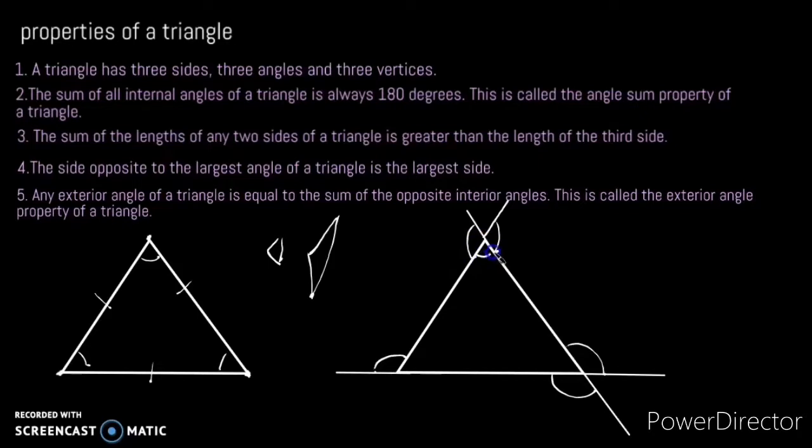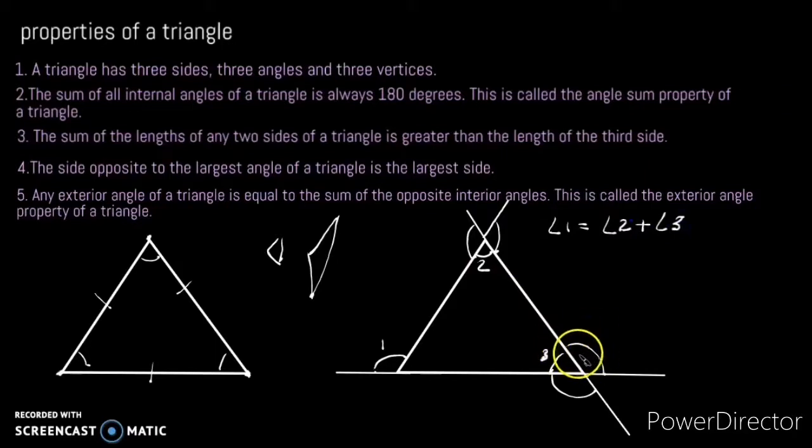We have already talked about interior angles. If I add up the opposite interior angles of an exterior angle, it is equal to the exterior angle. If I name this angle 1, this 2 and this 3, then angle 1 will be equal to the sum of angles 2 and 3.